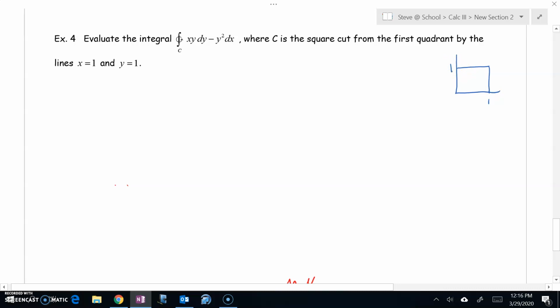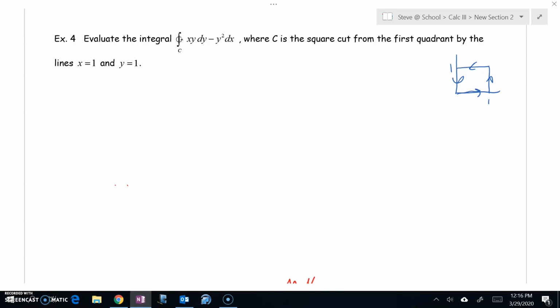Again, this would be a pain to do because to parameterize this, you'd need 4 different equations to move around this square. So this is a perfect example of where using either the divergence integral or the k component of curl or the circulation integral will work in our favor here.